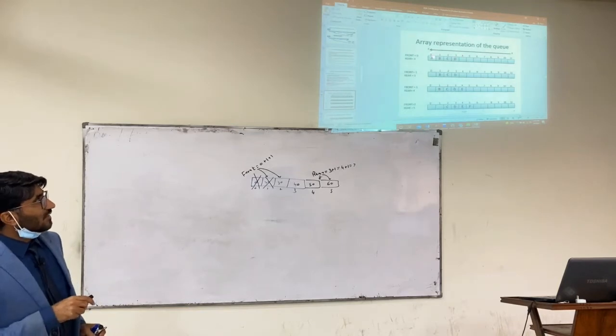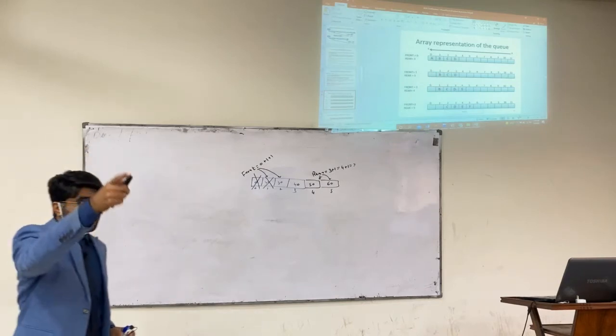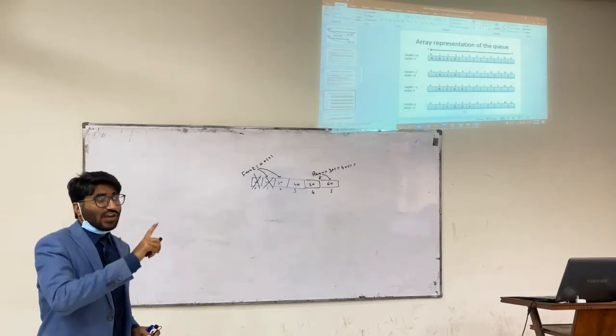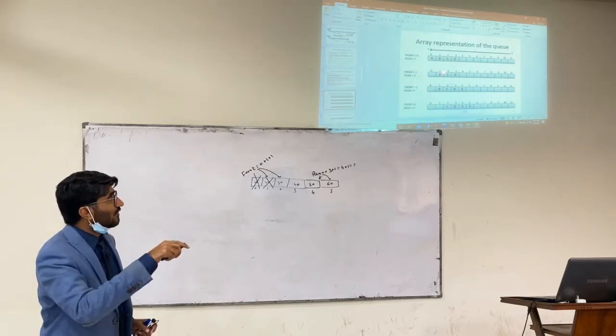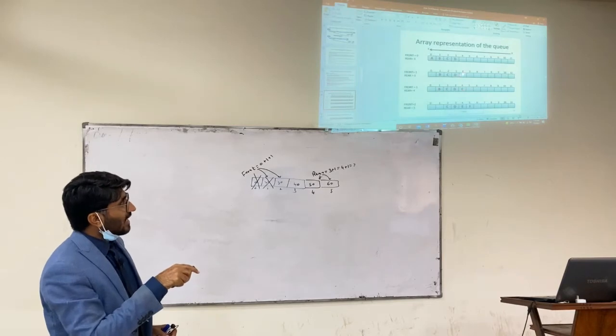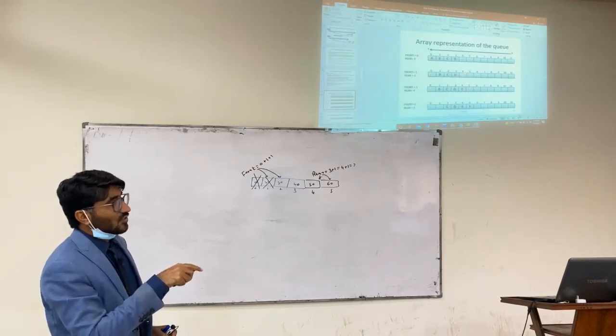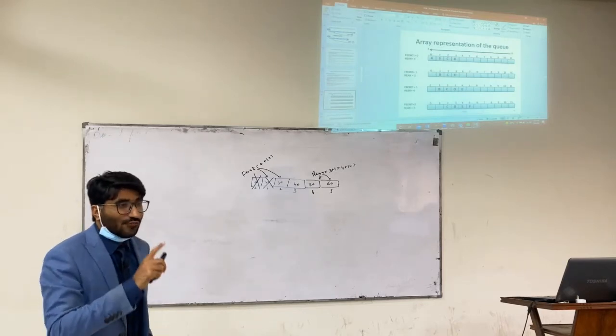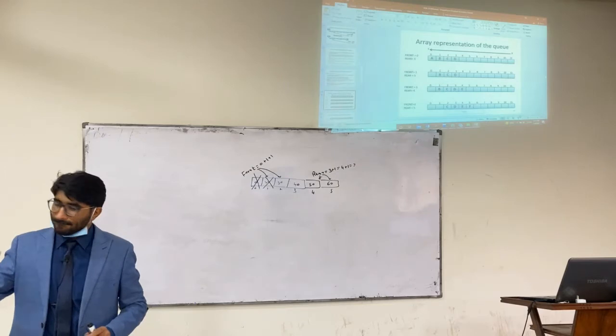Let's suppose we want to remove A. After removing one, recall rule 1: any time a value is removed, the value of front will be increased by 1. Now front is 1. Again, let's suppose we want to insert a new value that is placed at 4. Rule number 2: when a new value is inserted, the value of rear will be increased by 1.